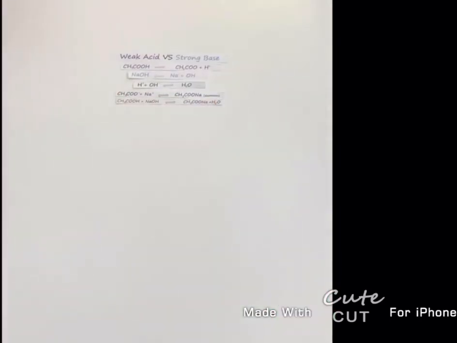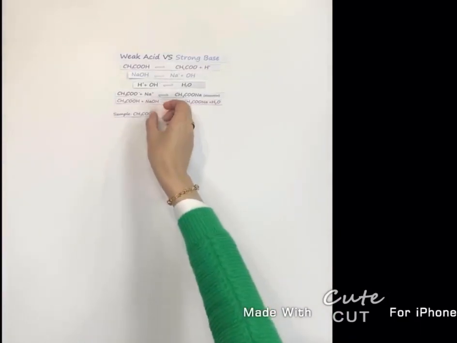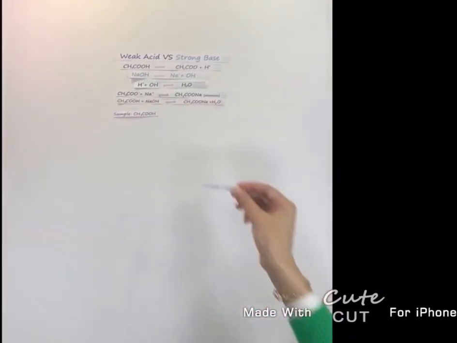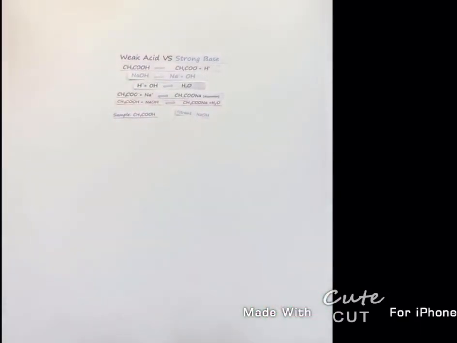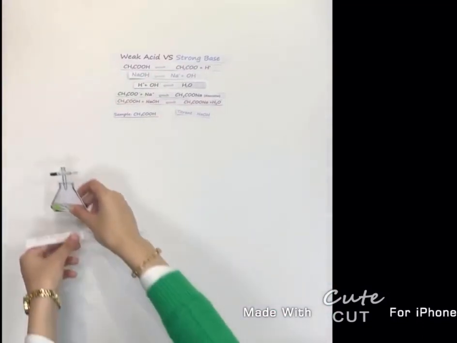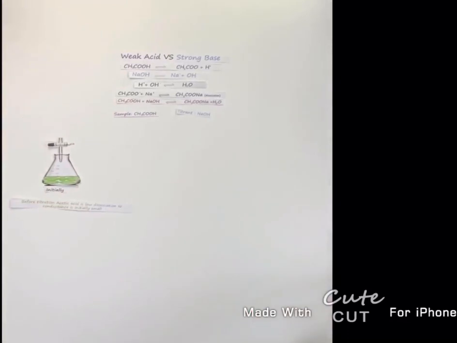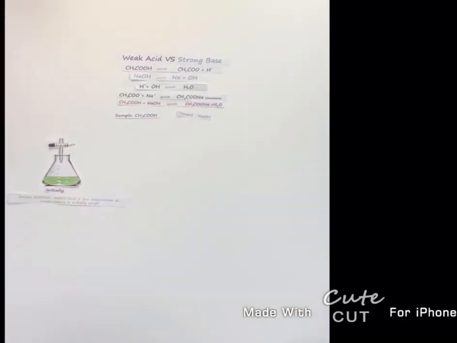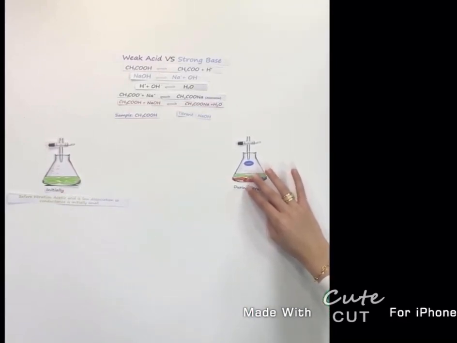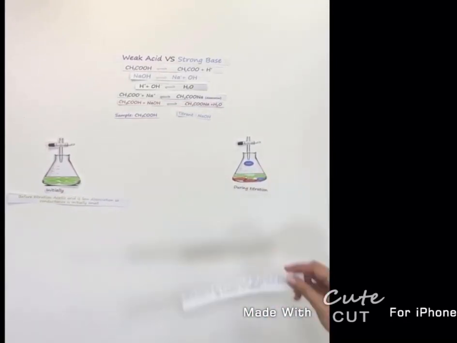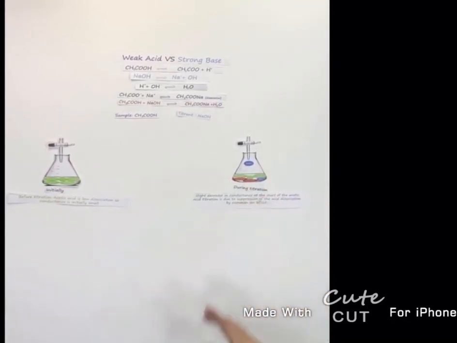The sample that we use is acetic acid, and the titrant is sodium hydroxide. Before titration, acetic acid has low dissociation, so conductance is initially small. During titration, a slight decrease in conductance at the start of an acetic acid titration is due to the suppression of the acid dissociation by the common ion effect.